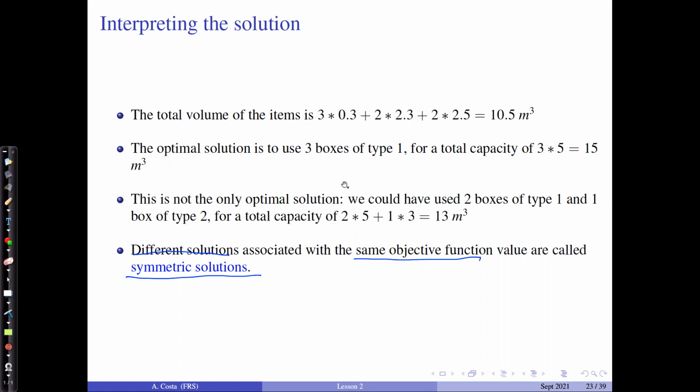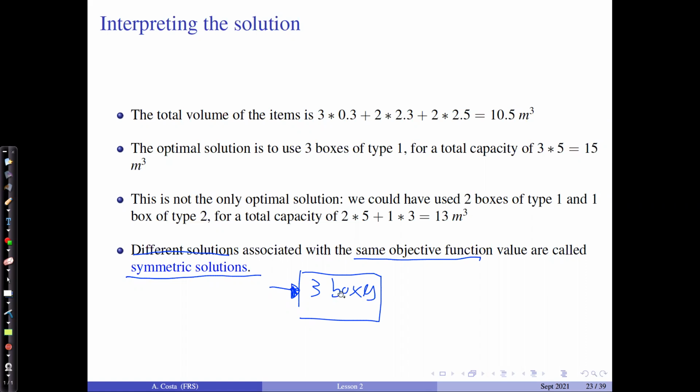Let's say that you know now that the best is to use 3 boxes, right? If you know that 3 boxes is the minimum number, and you want to find another solution, you can say, I want to use no more than 3 boxes as a constraint, and you can change the objective function.